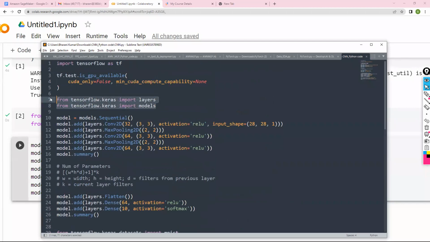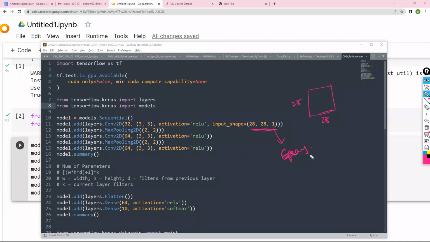So each and every image is of size 28 by 28 by 1, meaning you have 28 rows, 28 columns. 1 means it is a grayscale image or a black and white image. 3 means it is a color image.